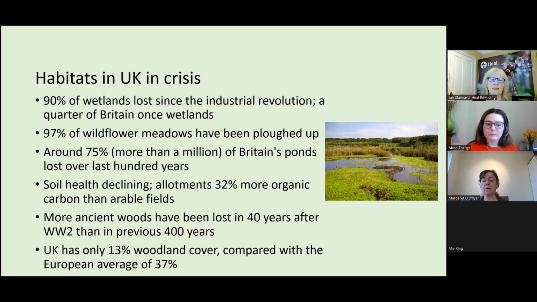That makes you realize how rare those places are. It's really rare because we are such a densely populated country with a lot of change to our land use, and obviously a lot of urban development and industrial site development, which many of you will have been involved in. And our woodland cover is much less than Europe, but it is going up. So that is a sort of sign of good news.